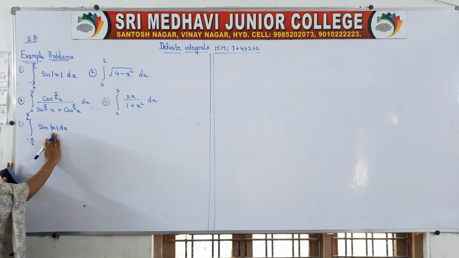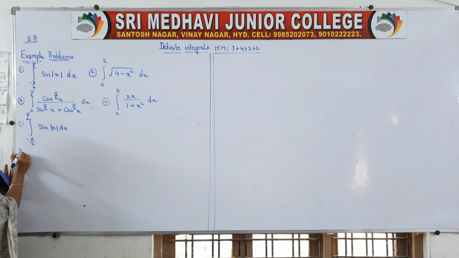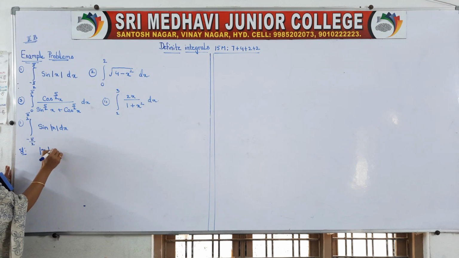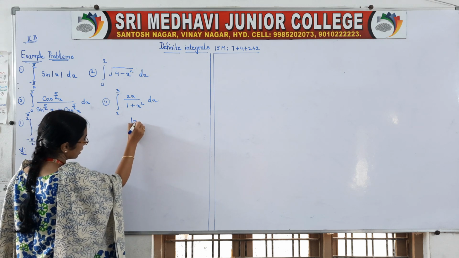If it is only x, no problem, but here mod x is given to us. So you know that whenever mod x is given to us, its value is... yes, here I will write so that you will know.